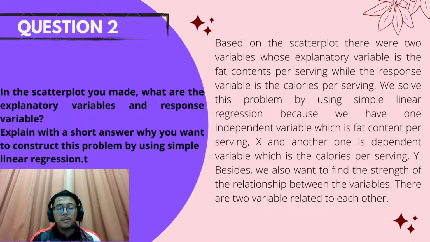We solve this problem by using simple linear regression because we have one independent variable, which is the fat content per serving x, and another one is the dependent variable, which is the calories per serving y. Besides, we also want to find the strength of the relationship between these variables. There are two variables related to each other.